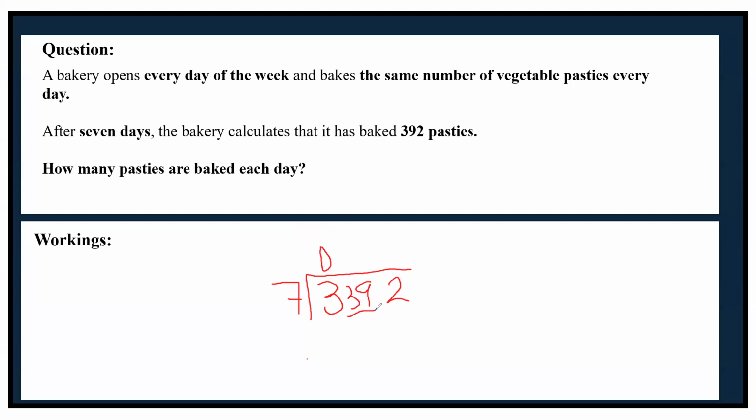And then as Gersima said, we had 39 divided by 7. Let's do our 7 times table. 7, 14, 21, 28, 35. So 7 times 5 is 35. We wanted to land on 39, so I have a remainder of 4. And 7 into 42: 7, 14, 21, 28, 35, 42. 6.